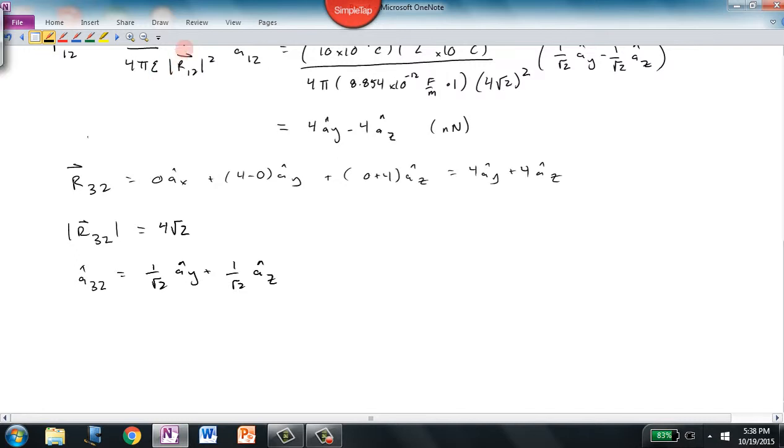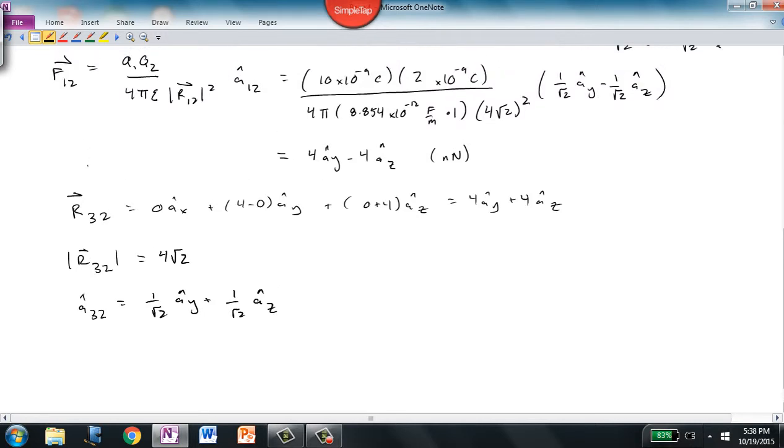If I were then to apply Coulomb's law here to determine the force of particle 3 acting on particle 2, because of the symmetry in this particular problem, I'm going to get 4 a hat y plus 4 a hat z nanonewtons.